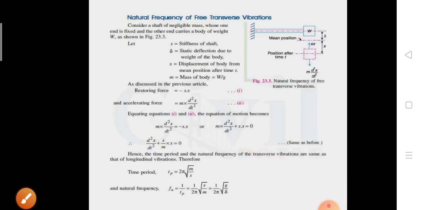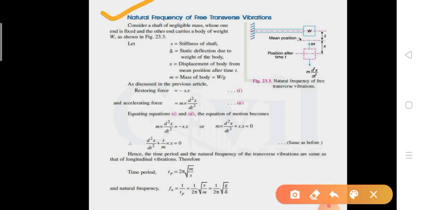Now we will try to find out the natural frequency of transverse vibration. Again I have considered a spring or a shaft of stiffness K, with deflection delta, and again I am giving some initial displacement x to that system, the same concept we used in the equilibrium method for longitudinal vibration.